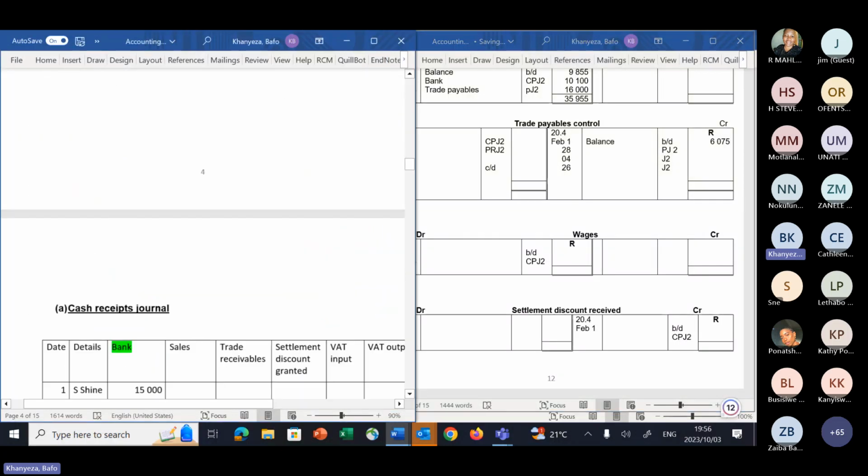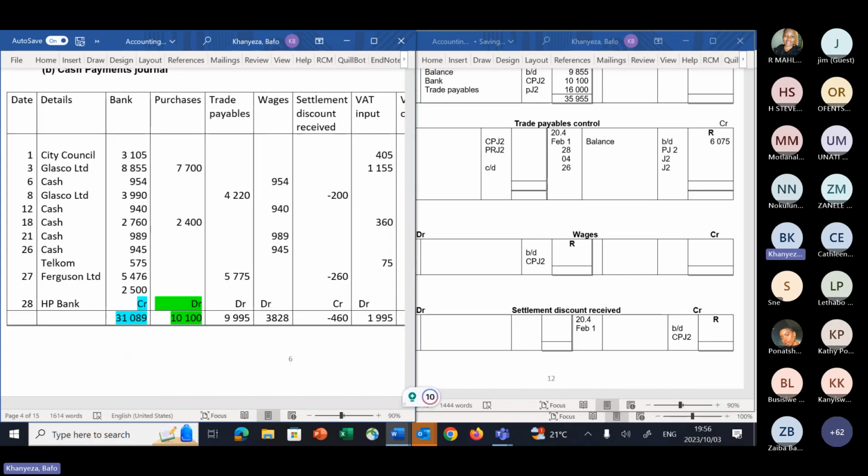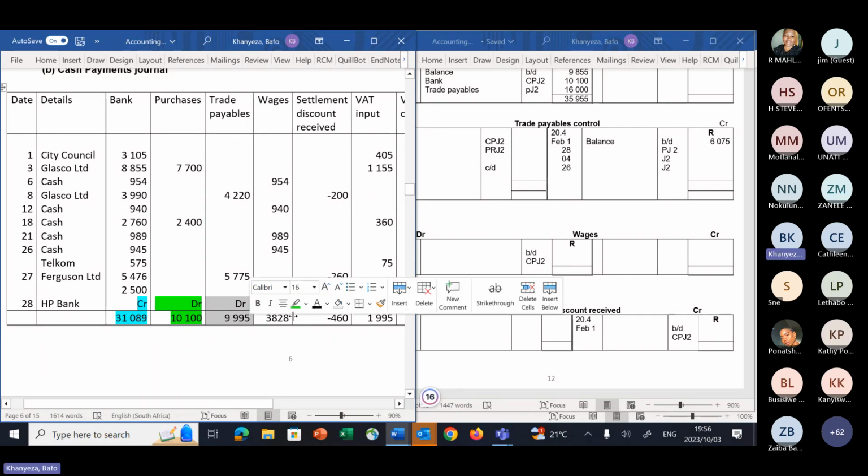Let's go to the journals. To the journals, we've got 9,995. Is this a debit or a credit?